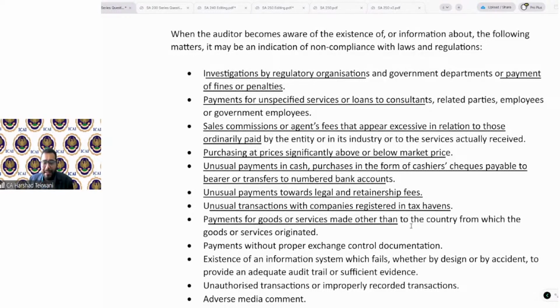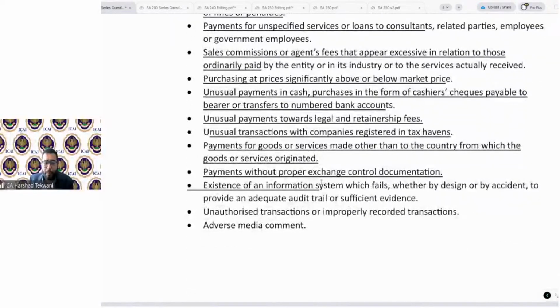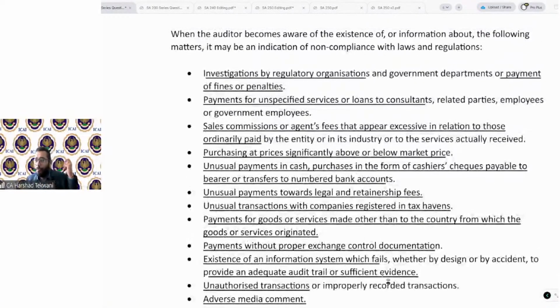Payment for goods or service made other than to the country from which the goods or service originated. Payment without proper exchange control documentation. Existence of an information system which fails, whether by design or accident, to provide an adequate audit trail of sufficient evidence. Unauthorized transactions. Adverse media comments. These could be some areas which could lead to suspicion of, or be an indication of, non-compliance with laws and regulations.